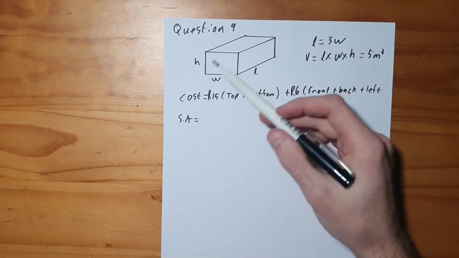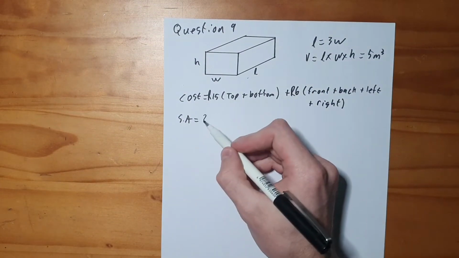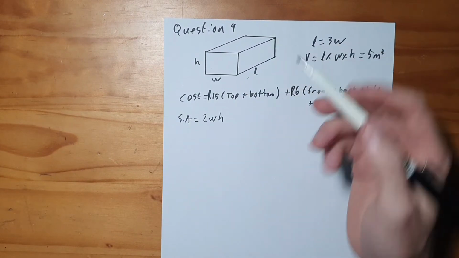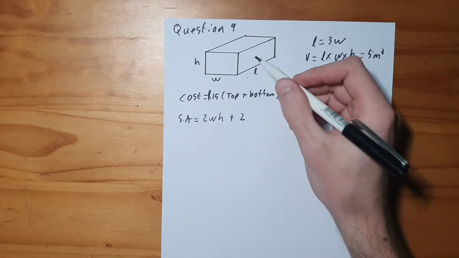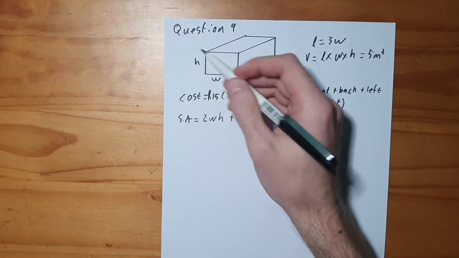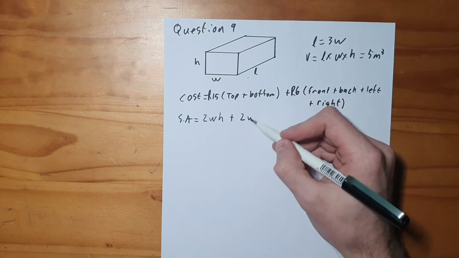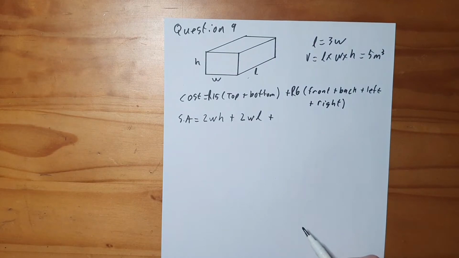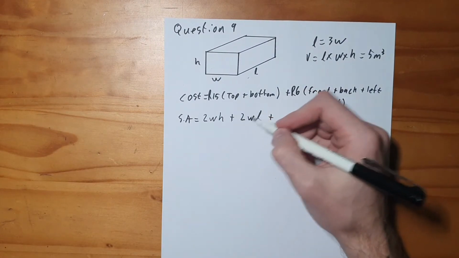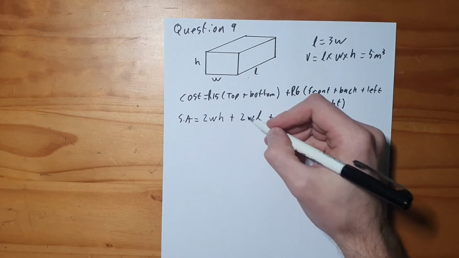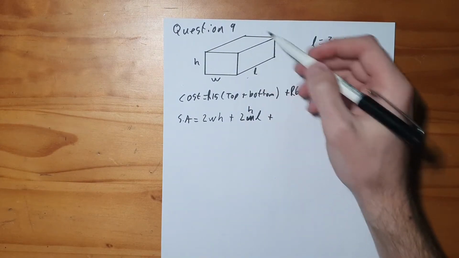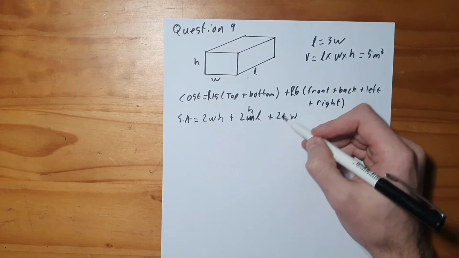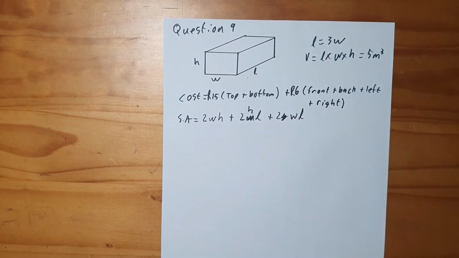So in the front we have the same shape as at the back, so it's going to be 2 times the width times the height, because that's the area of those two shapes, plus then we have 2 sides that are the same on the left and the right, so that's going to be 2 times W times the length, plus then the top and the bottom will share the same dimensions. It's L times W, so this must be a W, and then the top will share the same dimension, and that's plus 2 times L times W.